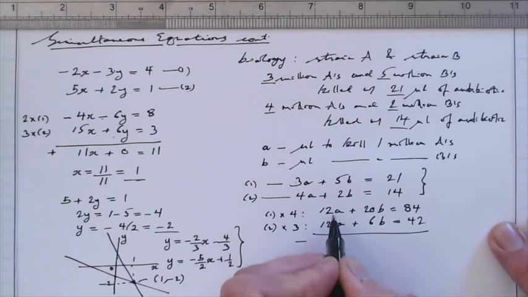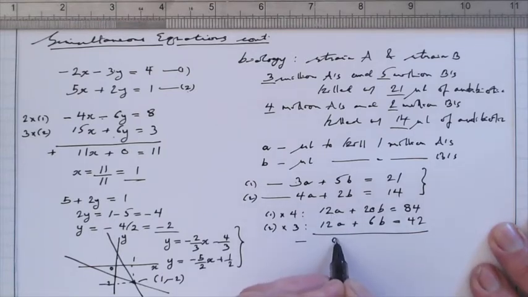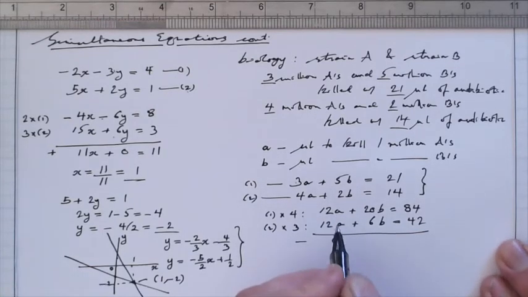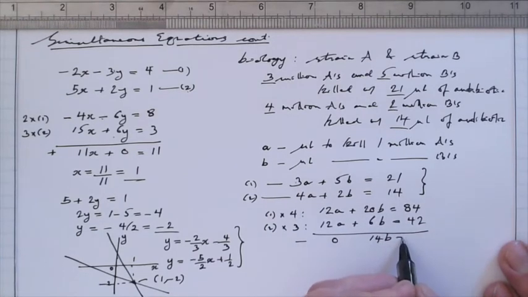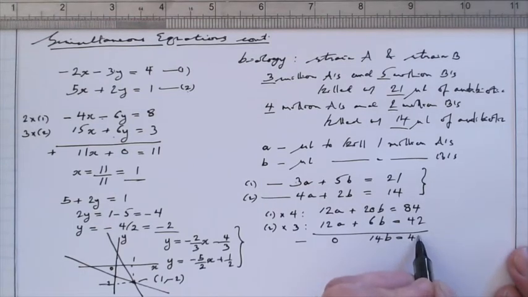Now I can subtract one equation from the other. I don't get any contribution from the A's, and then I get 20 take away 6 is 14B, and 84 take away 42 is 42. So B then is 42 divided by 14, which is 3.